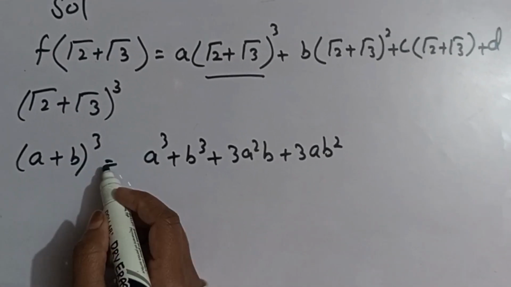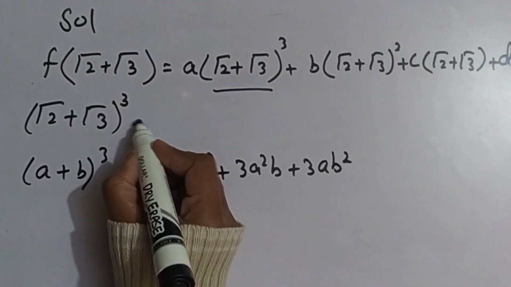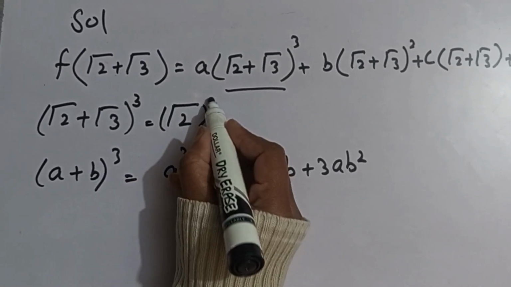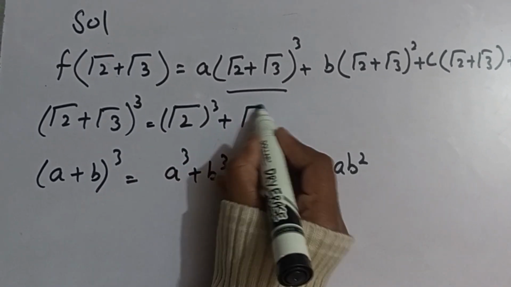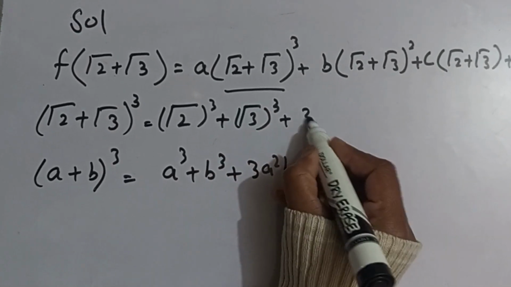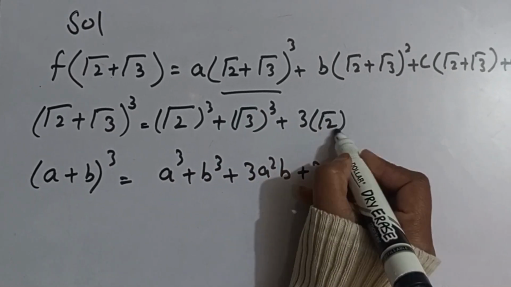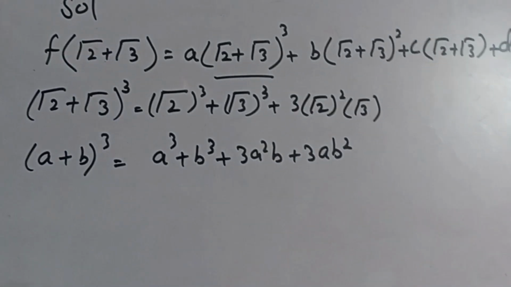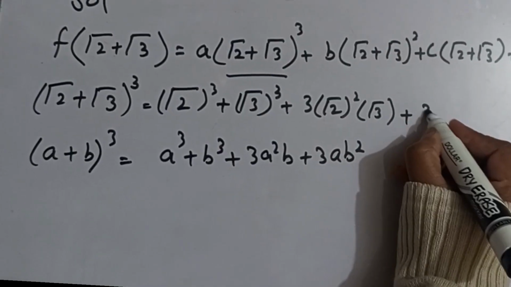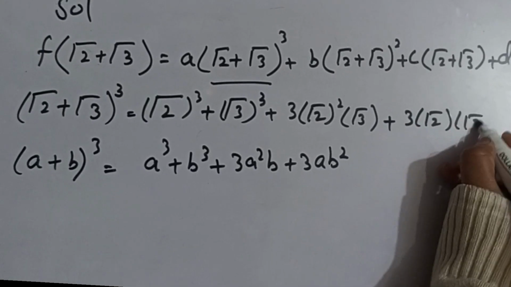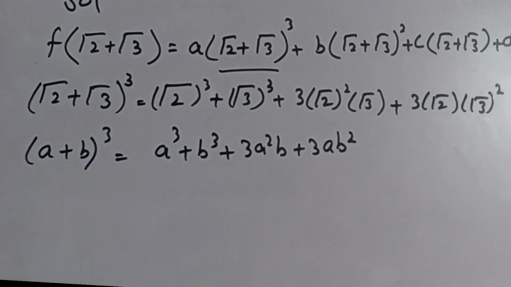Applying this identity, we have square root 2 cube plus square root 3 cube plus 3 times square root 2 square multiply square root 3 plus 3 multiply square root 2 multiply square root 3 whole square.